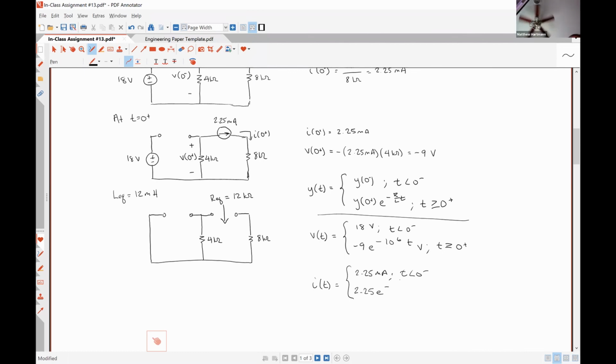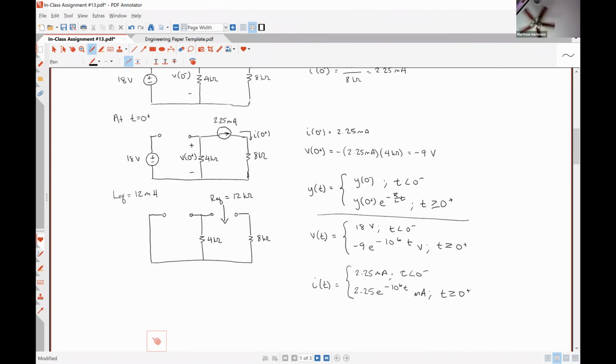E to the minus, and I've already done my R over L, so I know that that should be 10 to the 6th t, and this should be in milliamps, for all t greater than or equal to 0 plus.